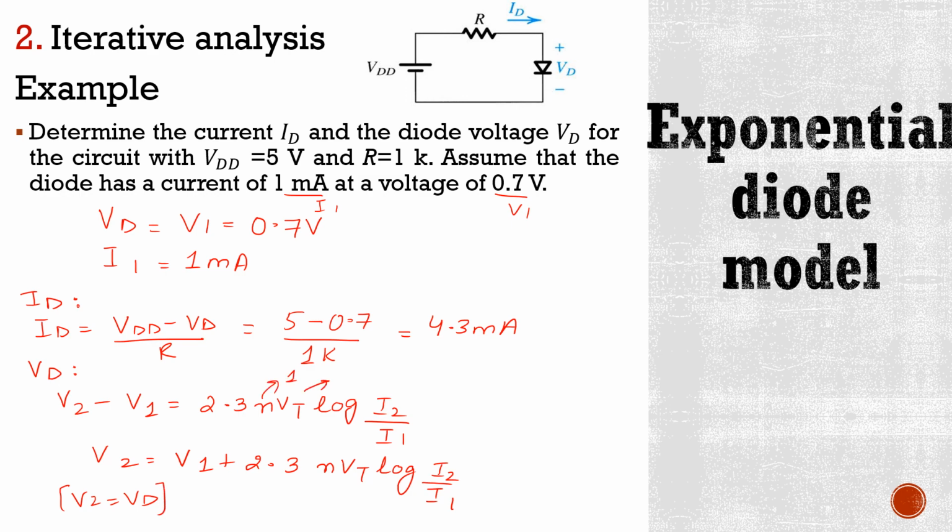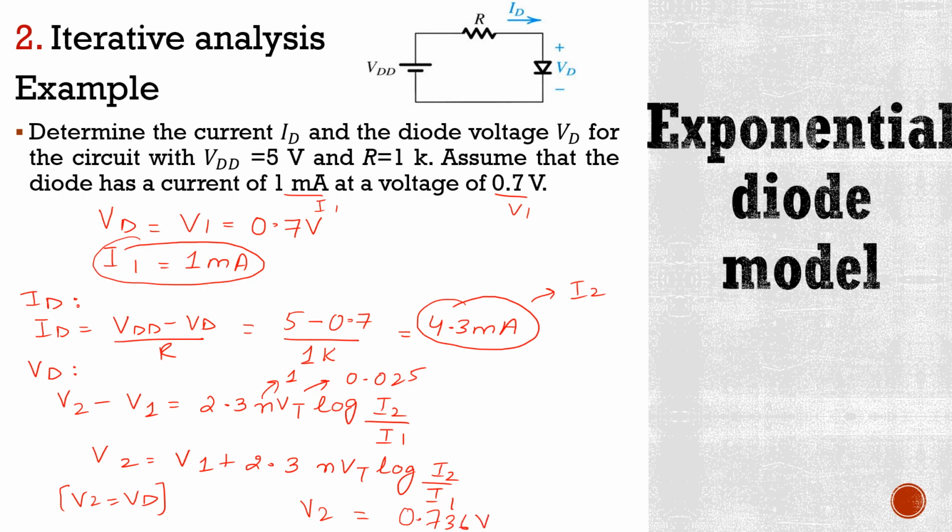We know that the value of Vt is 0.025. Now here what is I2? This value of ID that you have derived is I2, and you know I1 is 1 milliampere. So after solving this equation and putting in all the values, you will get the value of V2, which is 0.736 volts.